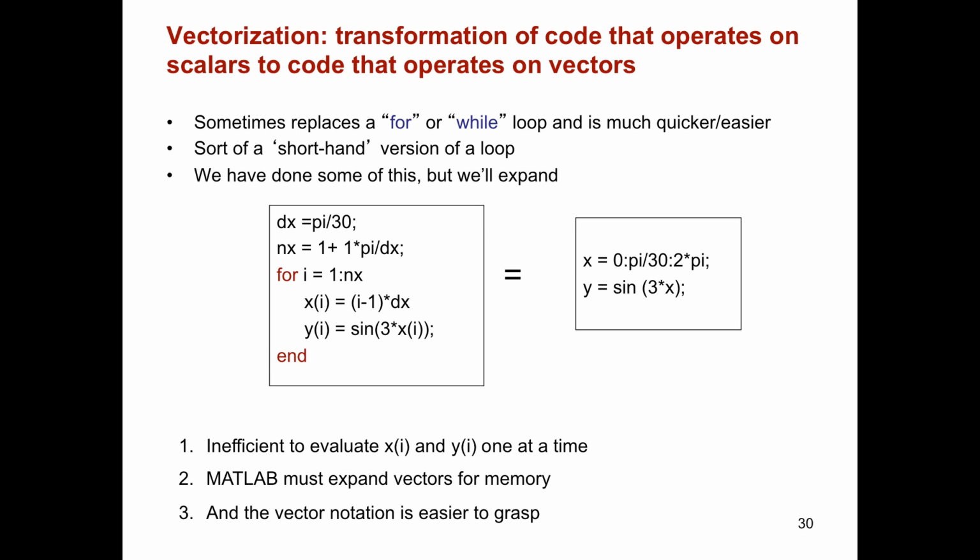So this vectorization saves me writing this. And it's also much clearer to read. If you're later going back to the code and looking at what it is doing, it's much easier to see what it is doing if you read this than if you read this. This is still important to know because a lot of programming languages still use this and you cannot avoid it.